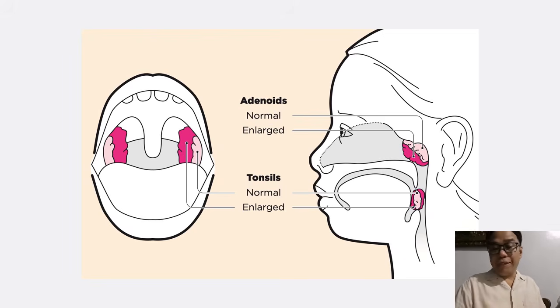So post-operative care, the things that we need to do after the operation. We need to position the patient in prone position, with the head on the side. If not prone position, we could also place the patient in lateral position.